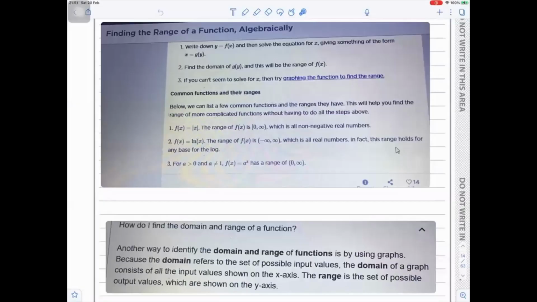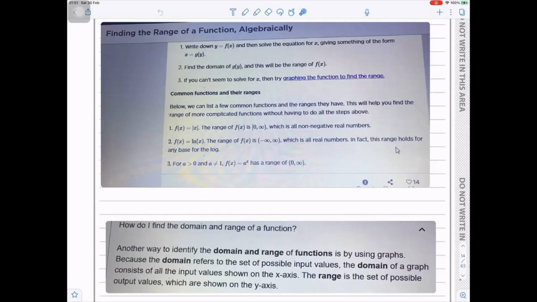And this is some definition on how to find the range of a function. You could follow these instructions when you have future questions to help you find the range of a function. You write down y equals f of x, solve the equation, find the domain, and then if you can't solve it, you use a graph to find the range. And that's what we've been using the graph to find the range.